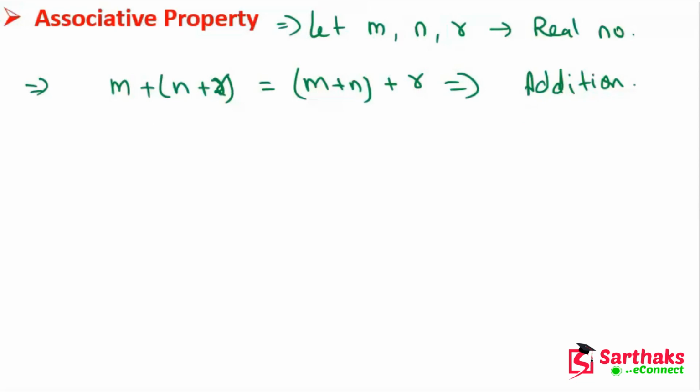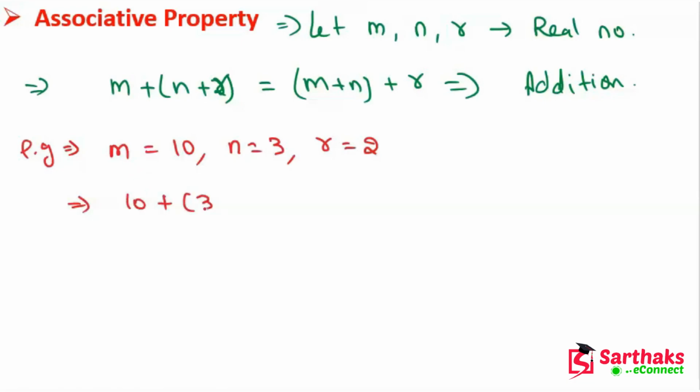Now if we take an example, let's suppose we have m is equal to 10, n is equal to 3 and r is equal to 2. Now put the values in this equation. This is 10 plus 3 plus 2.